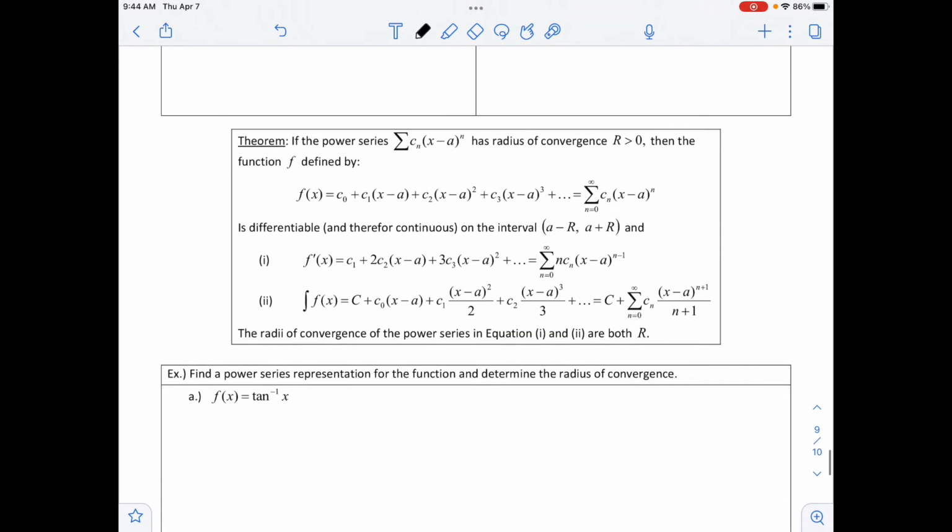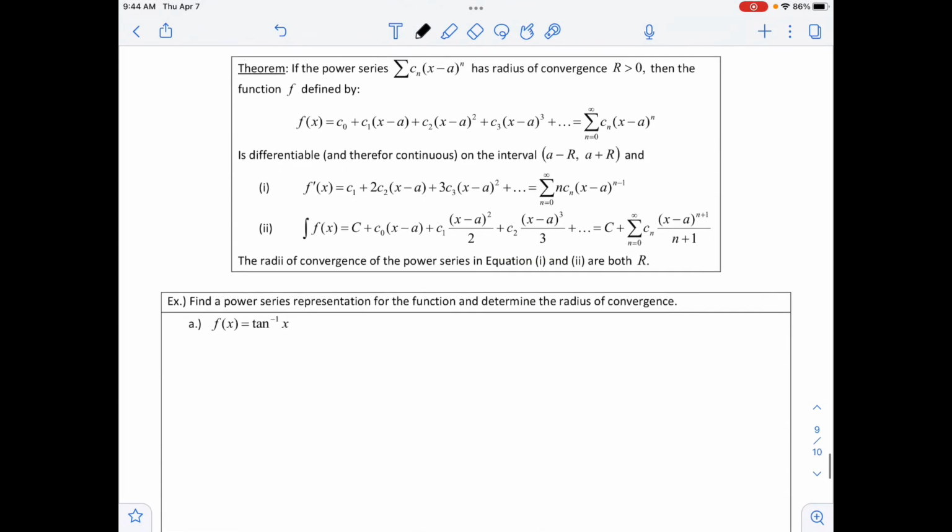Right below this, it says theorem. If the power series c sub n times x minus a to the nth power has a radius of convergence r greater than 0, then the function f defined by f of x equals c0 plus c1 times x minus a plus c2 times x minus a squared plus c3 times x minus a cubed plus and so on.